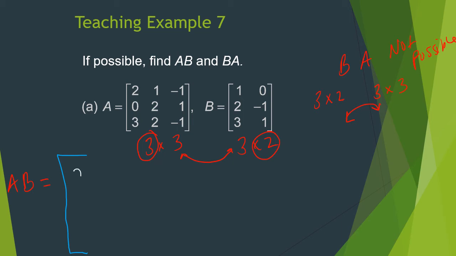So I have 2 times 1, plus 1 times 2, plus negative 1 times 3. And that's my first element of my 3 by 2 that I'm producing.